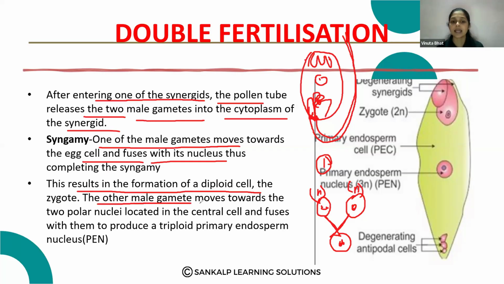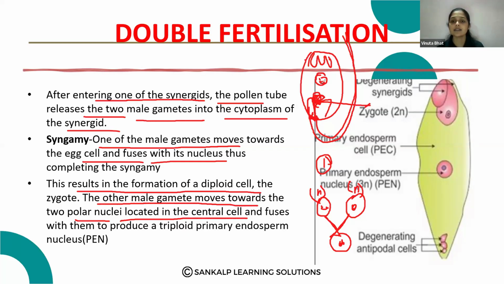The other male gamete moves towards the two polar nuclei located at the central cell and fuses with them to produce the triploid endosperm nucleus. So one male gamete fuses with the egg cell and forms the diploid cell, and one more male gamete fuses with the central cell.